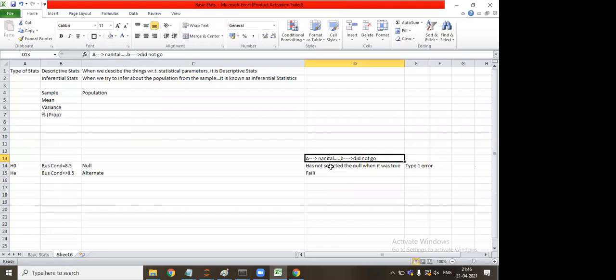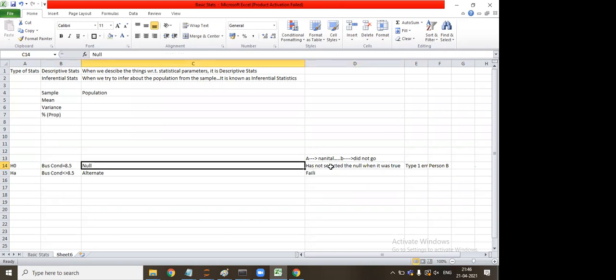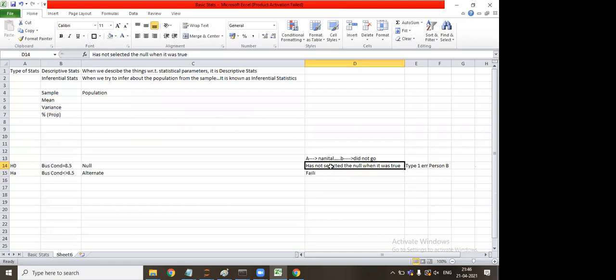Now, when person B did not go, he checked with person A, and person A said, actually it is 8.5. So person B has made an error by not going. This error means that he has not selected the null hypothesis when it is true. This is known as type 1 error. Is it clear till now?